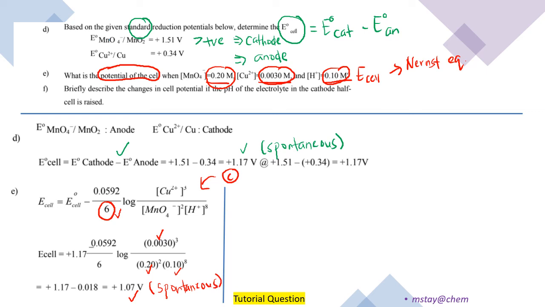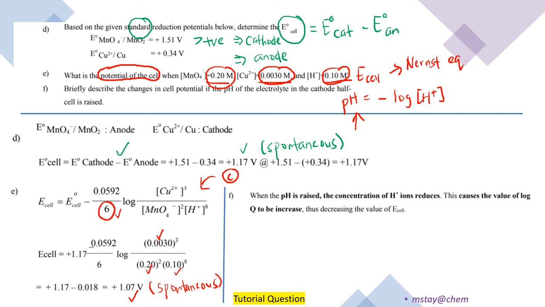Last question, briefly describe the changes in cell potential if the pH of the electrolyte in the cathode half cell rises. As we know, pH is equal to negative log of the concentration of H+. So if the pH value is increased, the concentration of H+ is reduced based on this formula.